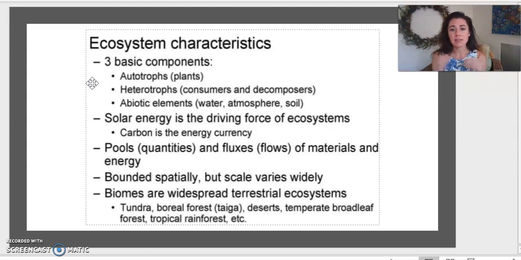So a self-feeding thing is a plant. It takes energy from the sun, uses photosynthesis, and produces sugars. Now, my heterotroph, meaning other or different, and then my root word troph for feeding, these are things that cannot make their own food. They have to eat something else to get energy.